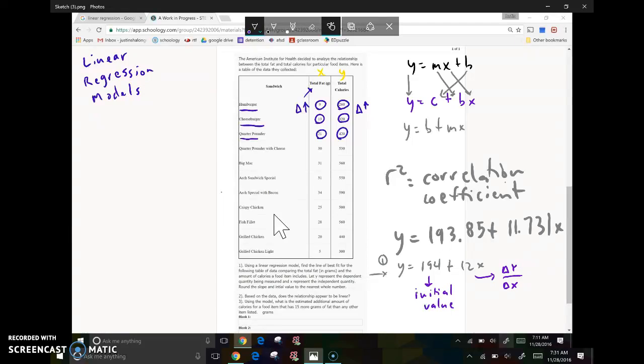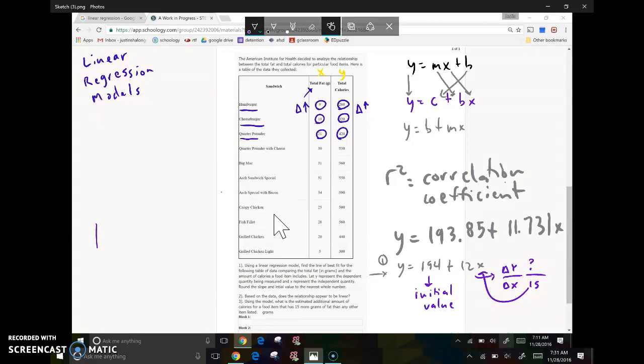So what they want to know is, what is the additional amount of calories? So what is the y if our x is changing 15 grams, right? And so the way that we find this is by plugging in 15 grams into our x value, which represents our total fat grams, and then just simply multiplying it by 12 to figure out what the additional amount is.